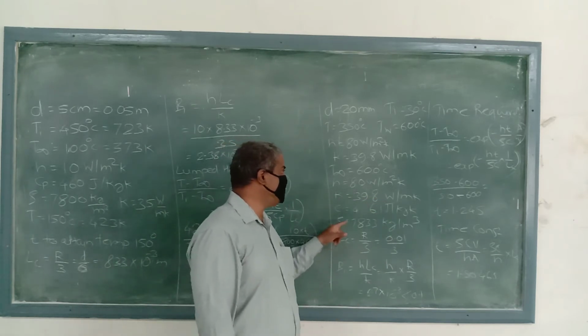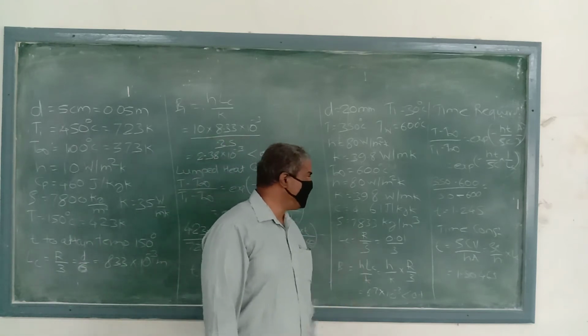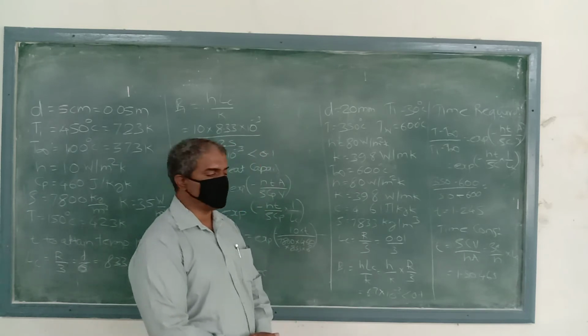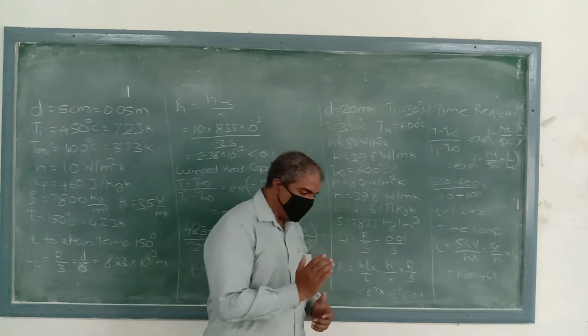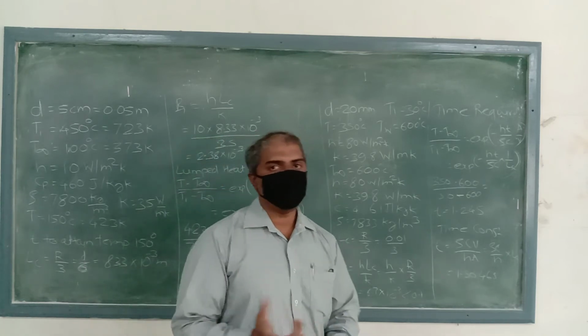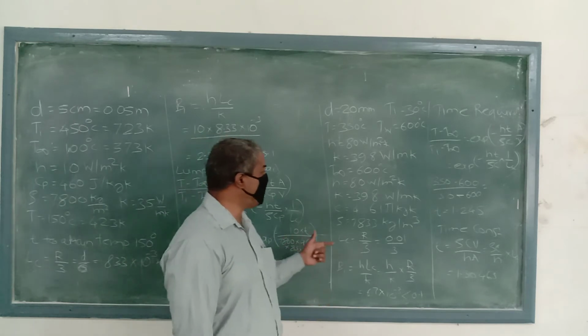C value they have mentioned 4.61 joule per kg Kelvin, and rho value 7833 kg per meter cube as density. Now first of all we have to calculate the characteristic length. Again this is a spherical section, so Lc is equal to R by 3.